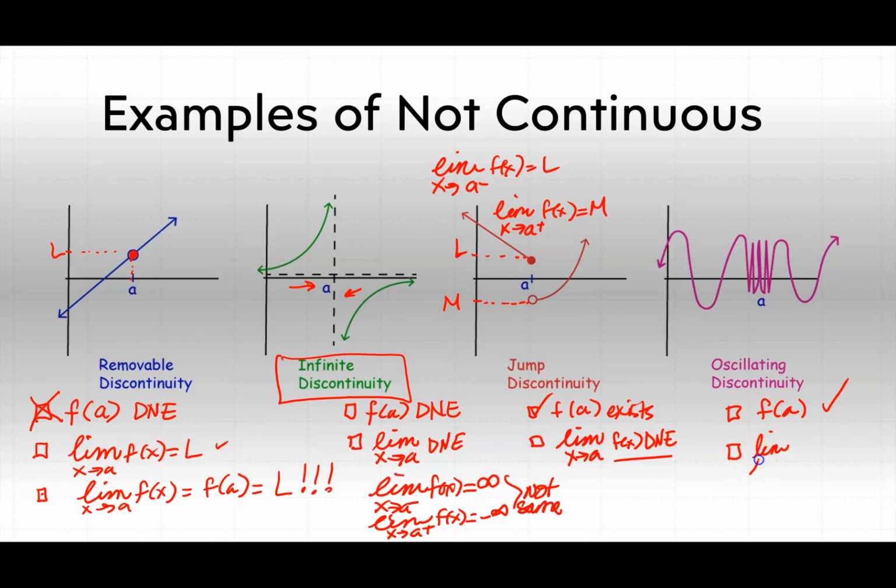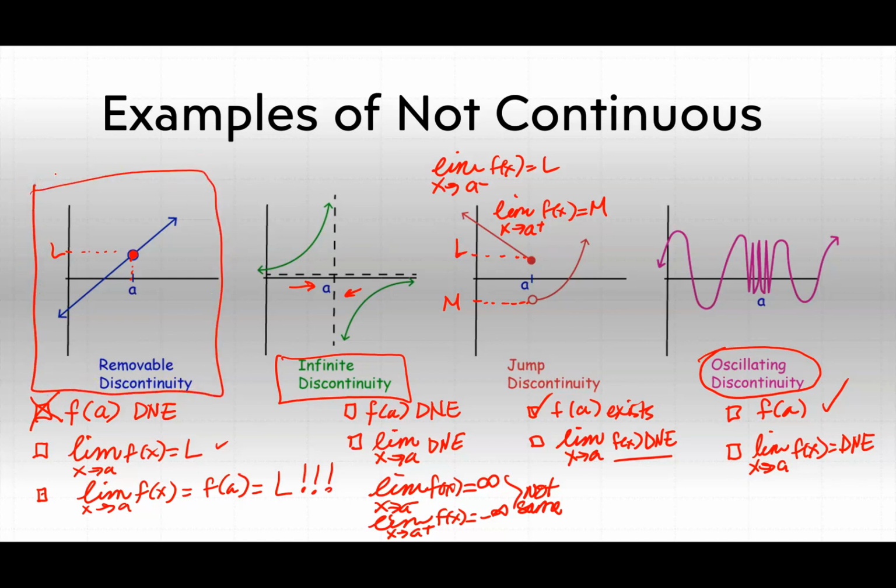The limit as x goes to a of f of x does not exist, because your function value bounces up and down, up and down, up and down. So going from the left, it goes to one number, going from the right, it goes to another number, and there is no limit. So an oscillating discontinuity is also not removable. So the only one that we can say can be removable is if there was a hole.